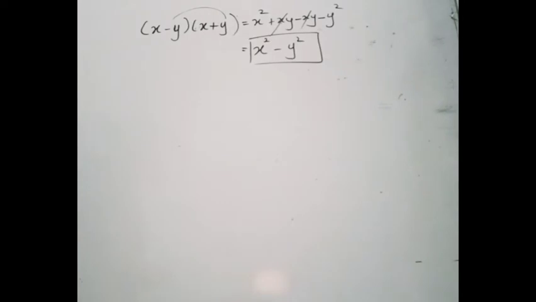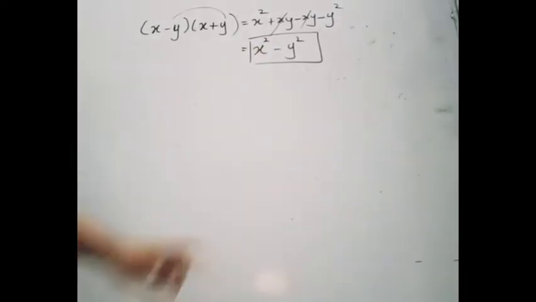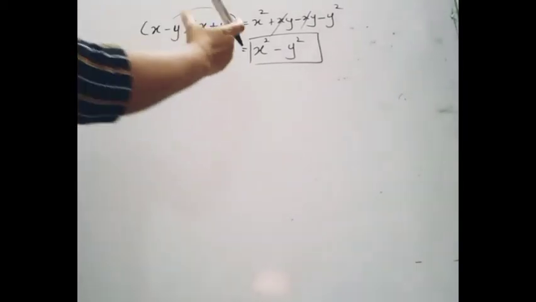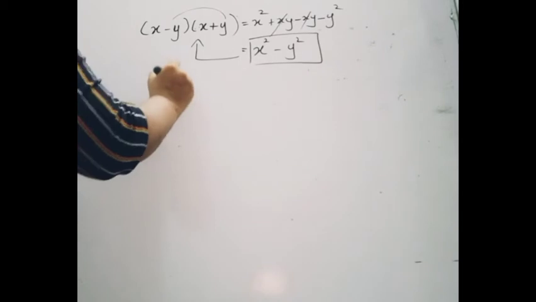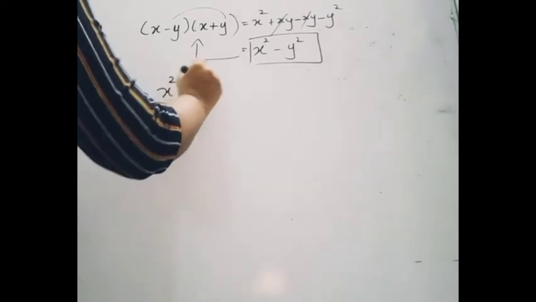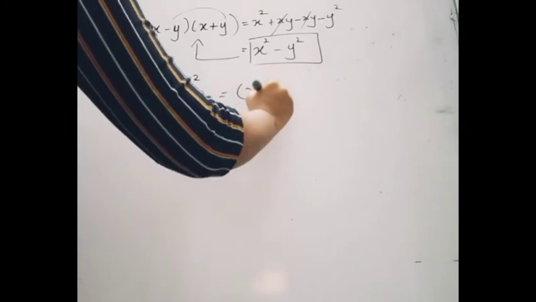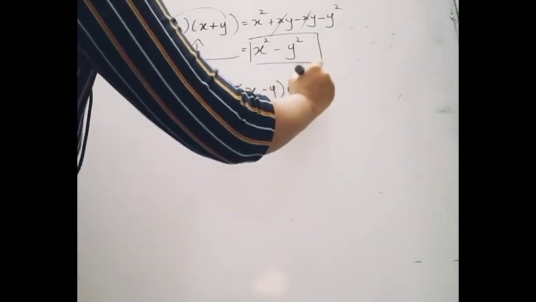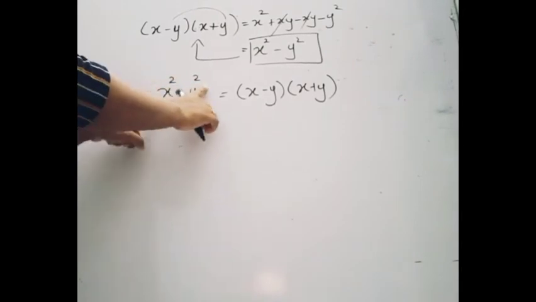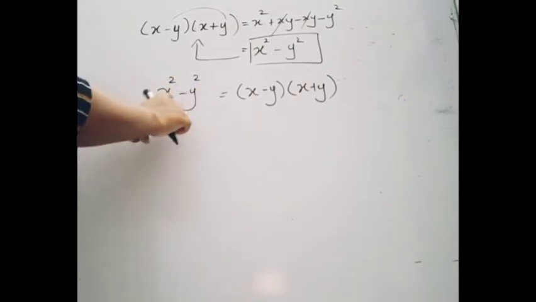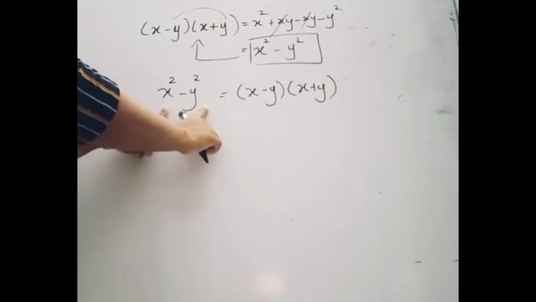When there is an expression in this particular form, you can factorize it in this way. Remember, x square minus y square can be factorized as x minus y into x plus y. Here both have to be square values, and always it has to be in the difference form.